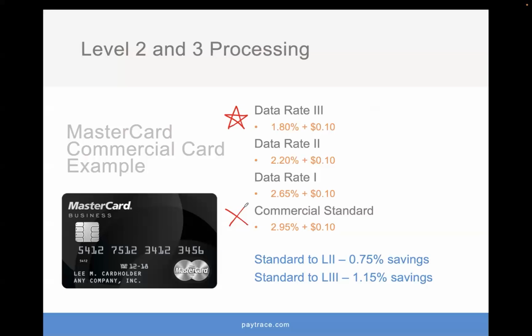What's really great about this, when we think about us on the processing side, more on the acquiring side, is that we can provide a lot of value to our merchants that may not be doing level two and level three today, by taking them from close to or even above 3% and driving those rates down to 2%.